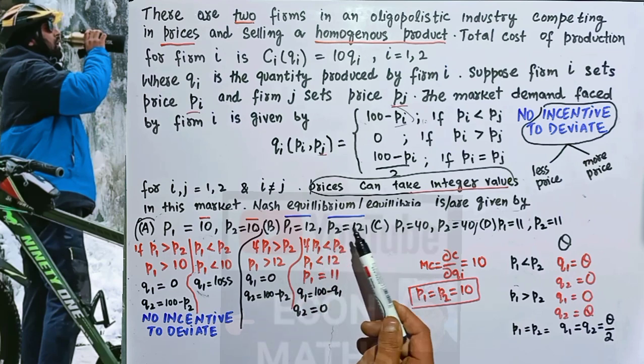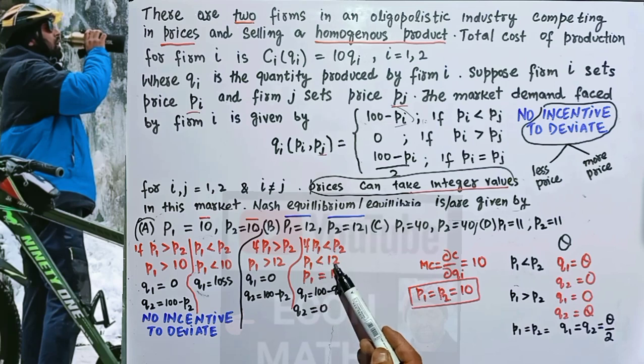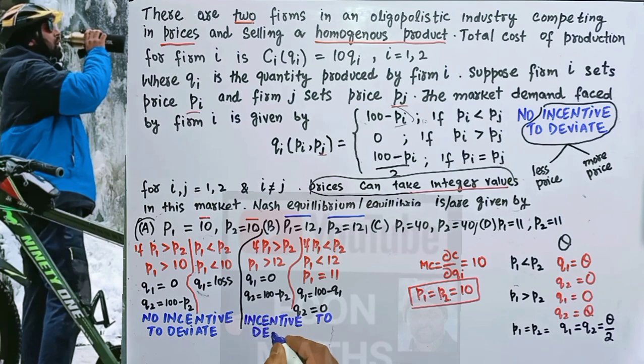But if he charges a price less than his competitor, that is a price less than 12, in this case he is getting all the market share and firm 2 is getting no market share. And we can say here we have the incentive to deviate.